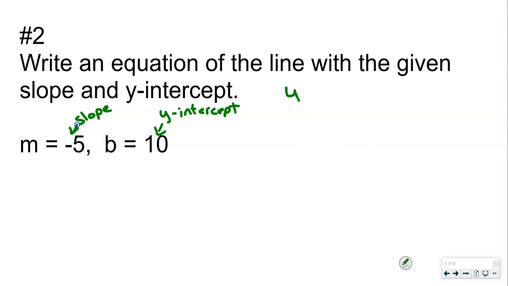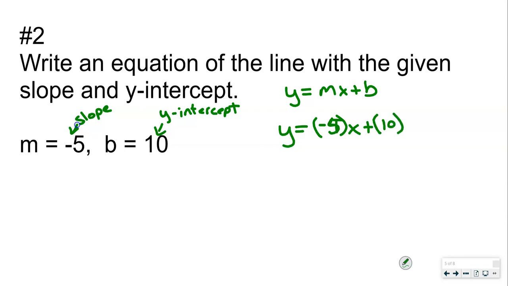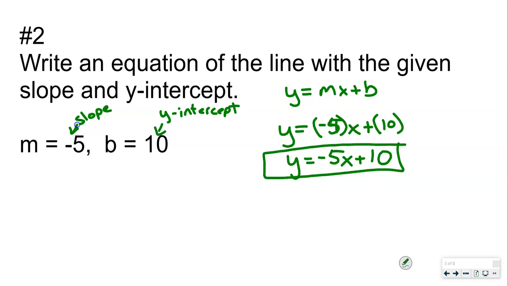So if we just use our slope-intercept form, y equals mx plus b, we can plug in m and we can plug in b, and we've got an equation. So y equals negative 5 in for m, and 10 in for b. So y equals negative 5x plus 10. And we have an equation in slope-intercept form.